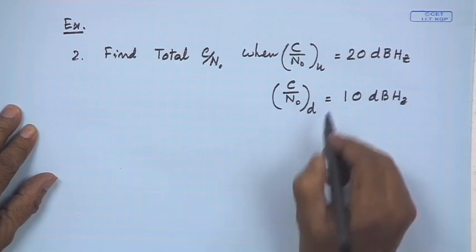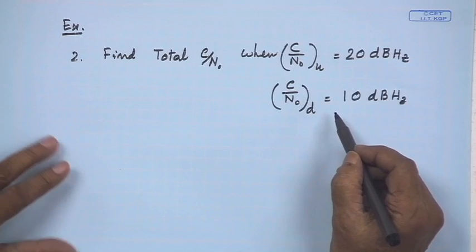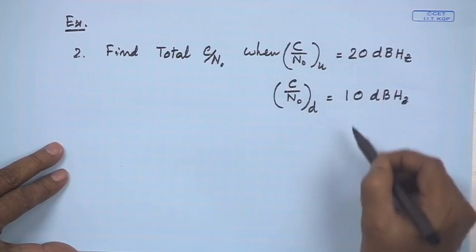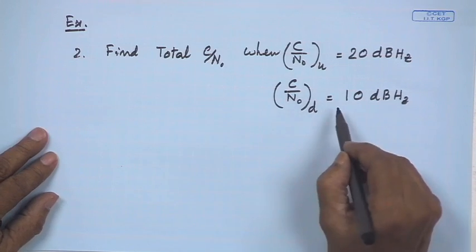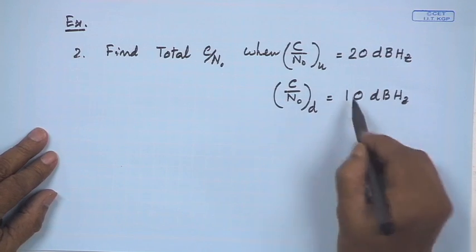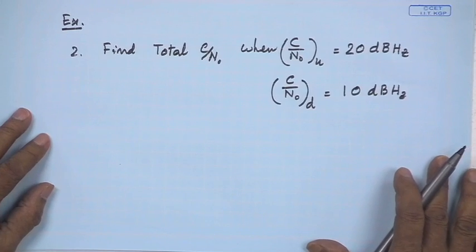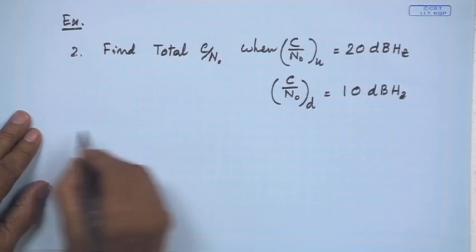When the downlink C by N0 is 10 dB down, that is 10 times lower than the uplink. So, downlink is now 10 times lower than the uplink, just put one condition. Then let us see what is the effect on C by N0 total.